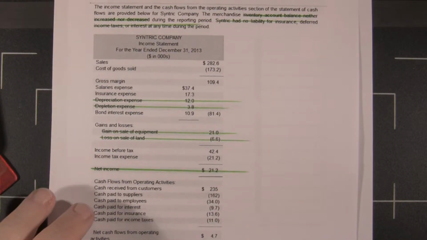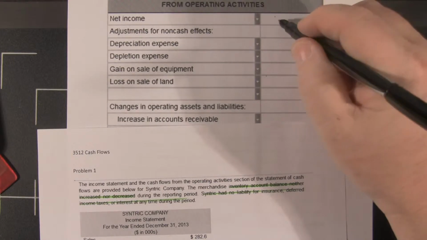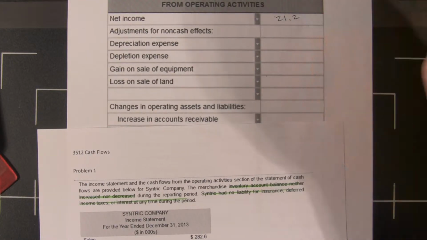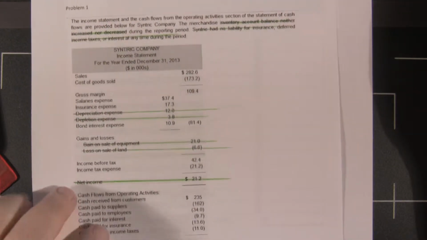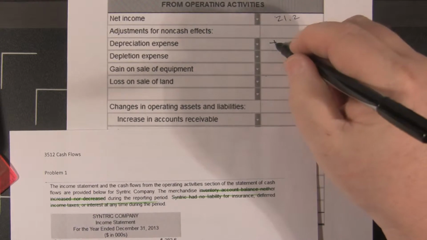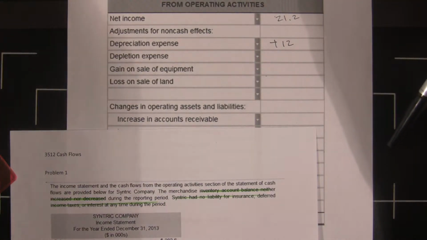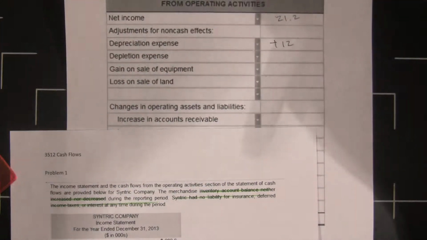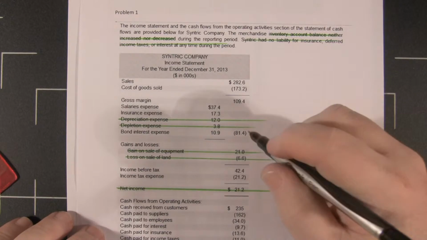Okay, so net income, 21.2. And depreciation expense, 12, we add that. And depletion expense, we have to add that, and that's 3.8.